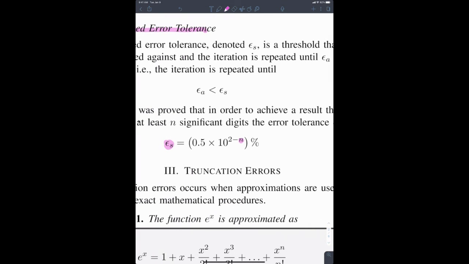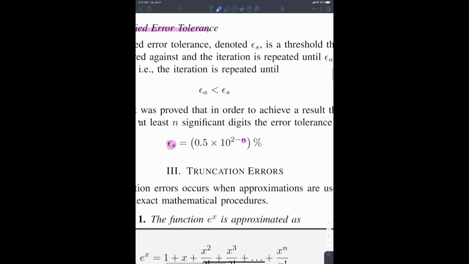Rather than saying I will do 50 iterations, in which case you don't know what accuracy you're getting, why do you have to do 50 iterations if you can get the required accuracy in 7 iterations?